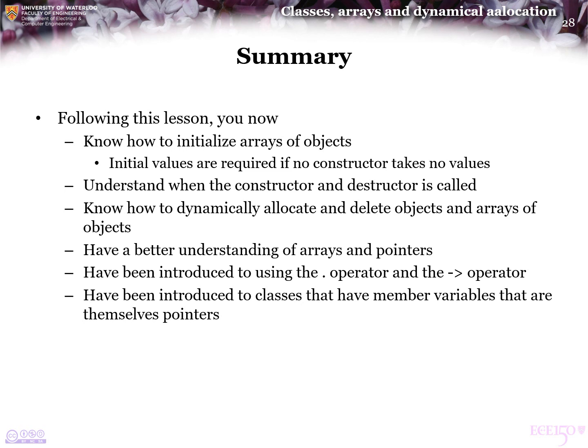And you have a better understanding, hopefully, of arrays and pointers and how they work. We also gave some tips on how to remember when to use the dot operator and the arrow operator. You've been also introduced to classes that have member variables that are themselves pointers.